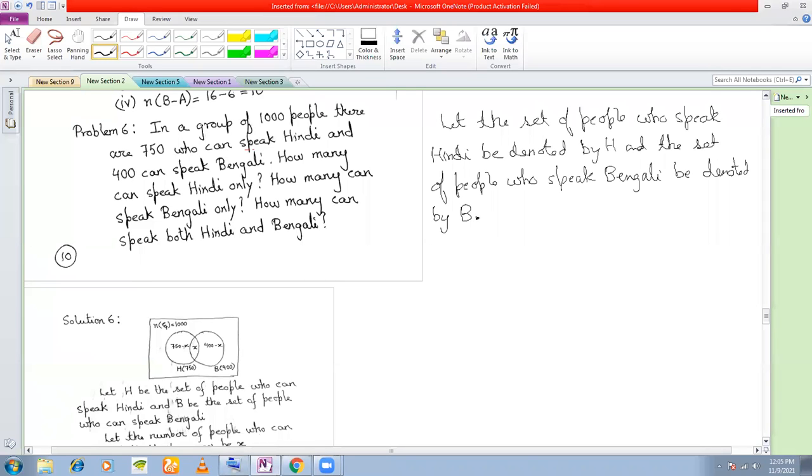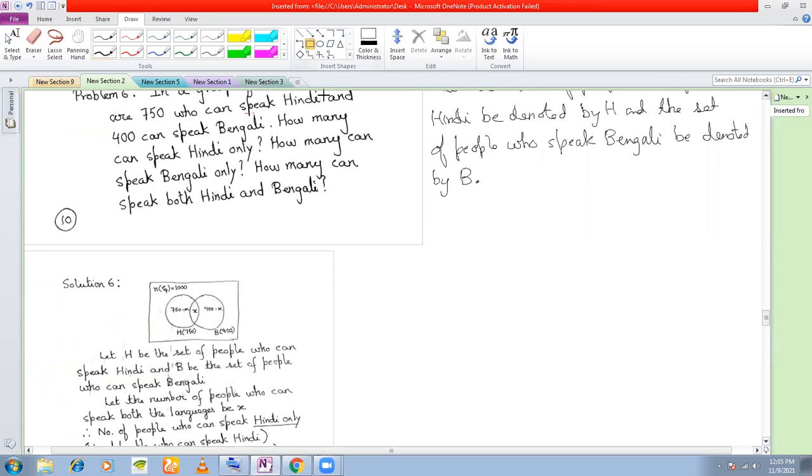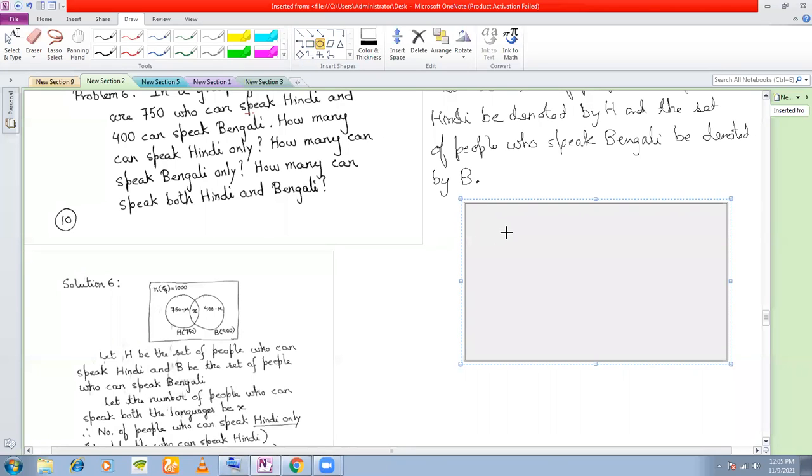So what I am going to do here is, because I am representing the set of people who speak Hindi by H and Bengali by B, I'll construct a Venn diagram to represent these sets.